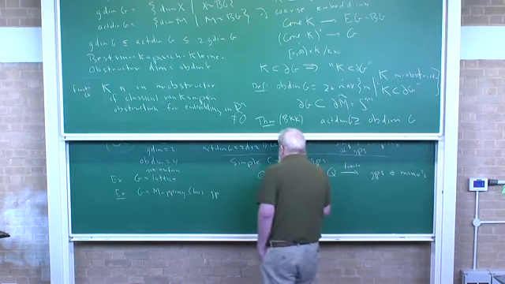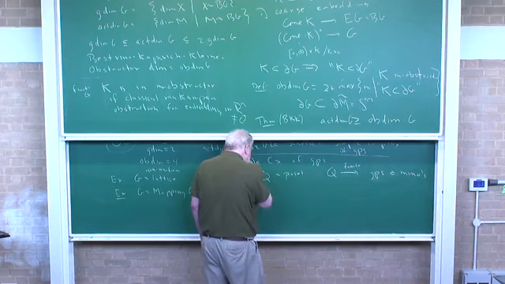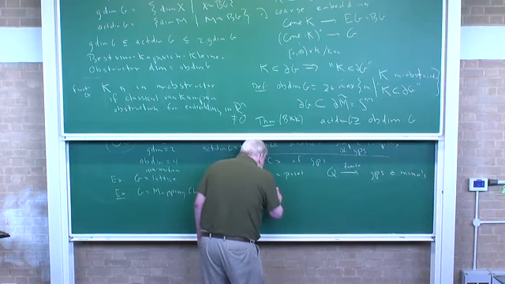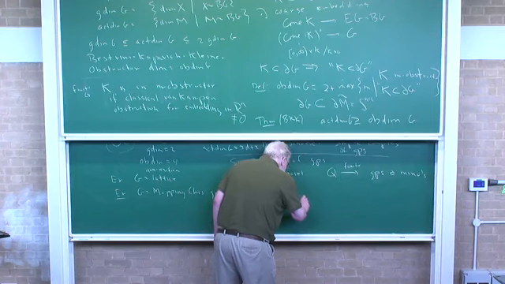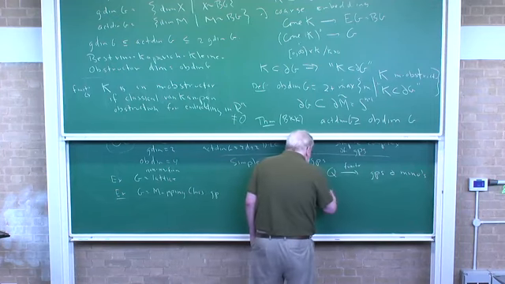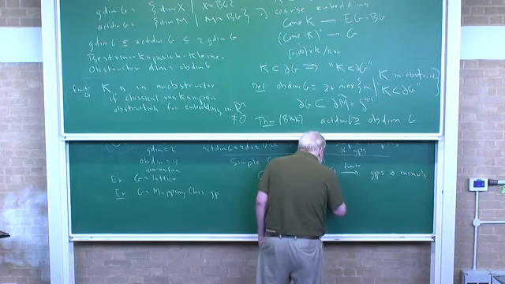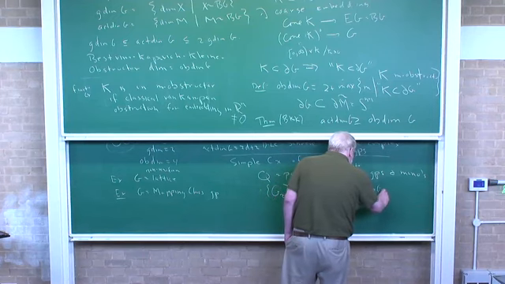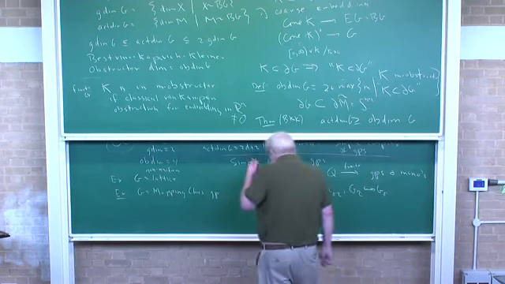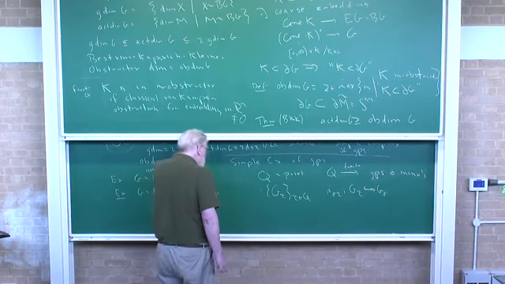So that means basically that you have a collection of groups indexed by the elements of Q, and you have monomorphisms when one is less than the other.